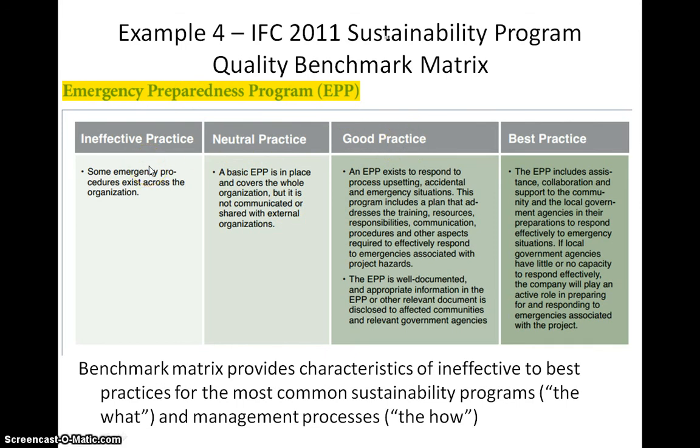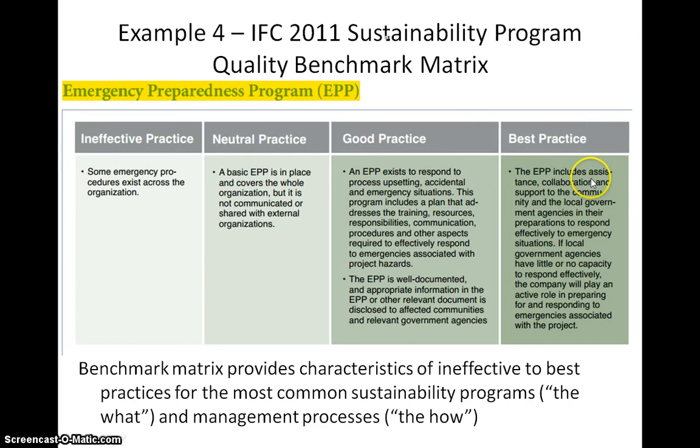So the ineffective practice for the emergency preparedness is you only have some procedure, but it's not well communicated, and it's really a low priority in the organization.